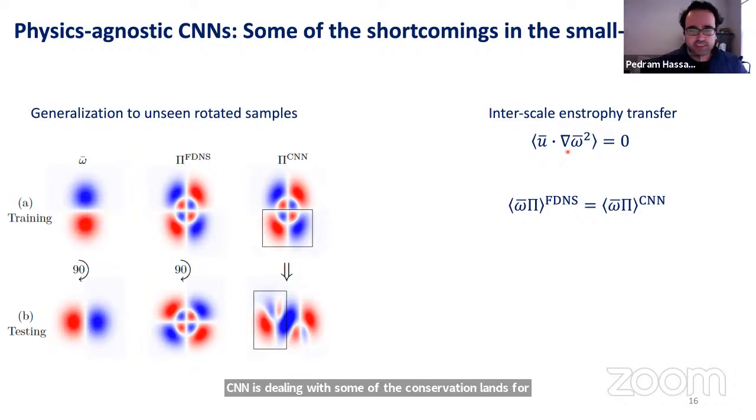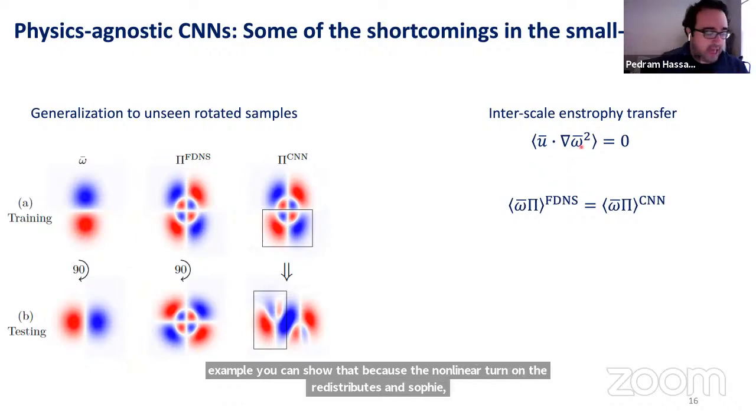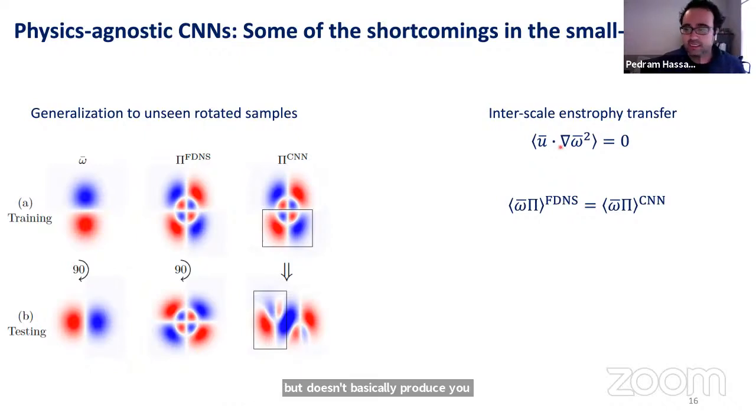Another problem with the physics-agnostic CNN is dealing with some of the conservation laws. For example, you can show that because the nonlinear term only redistributes entropy, but doesn't produce it or act as a sink of entropy, a domain-average variable like this should be conserved. So you can think that whatever comes out of my CNN should have the same domain average of omega bar times pi as the FDNS.